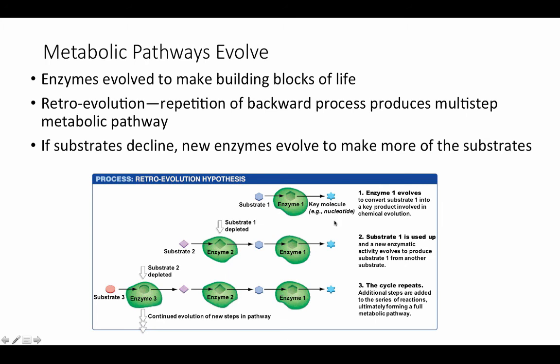And so as the substrate got used up, if there was some sort of new enzyme, a newly evolved enzyme, that actually generates more of that substrate, then we could get more of this product, right?